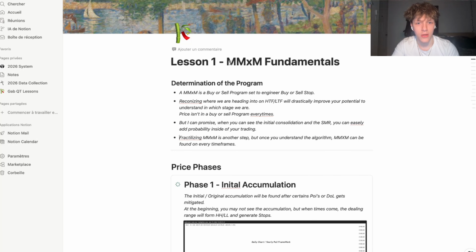So the market maker model. First, let's explain what a market maker model is and how we can determine which program we are in. A market maker model is either a market maker buy or sell model, so we are either in a buy or sell program. This program is there to engineer buy and sell stops.